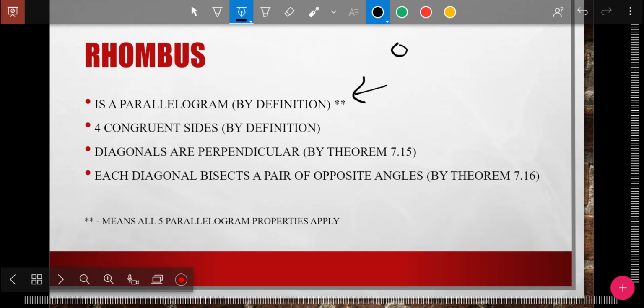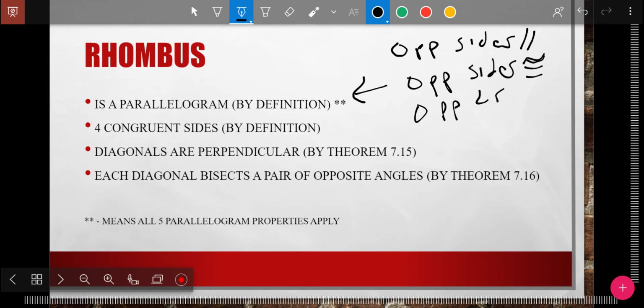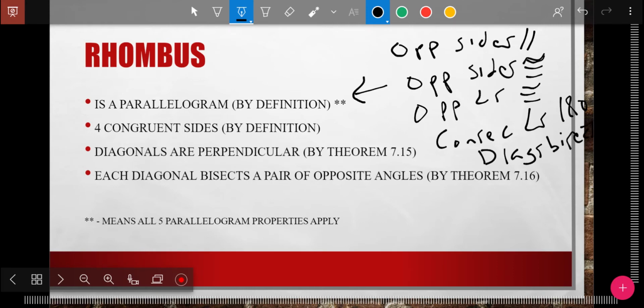That is all of our parallelogram rules: opposite sides parallel, opposite sides congruent, opposite angles congruent, consecutive angles are supplementary or 180, and diagonals bisect each other. So that one rule really is 5 rules from earlier videos, earlier lessons.